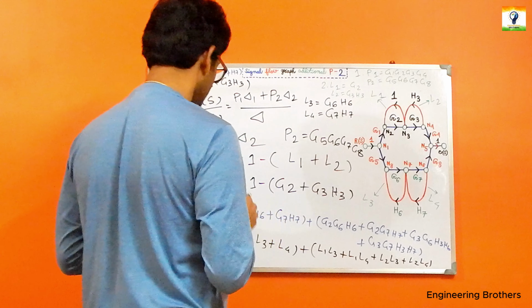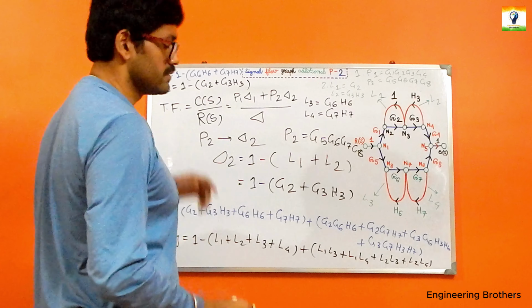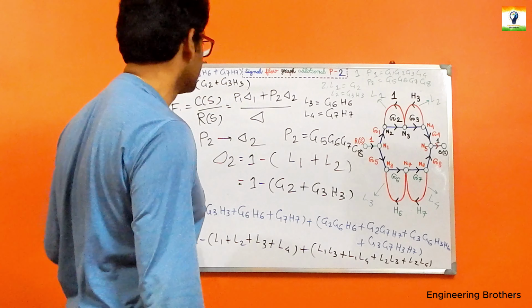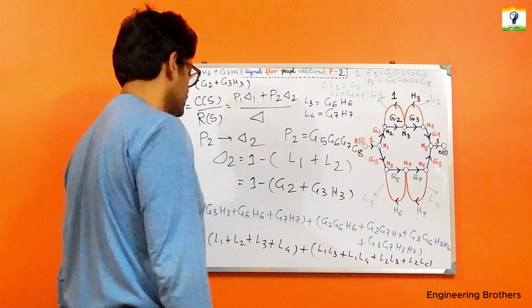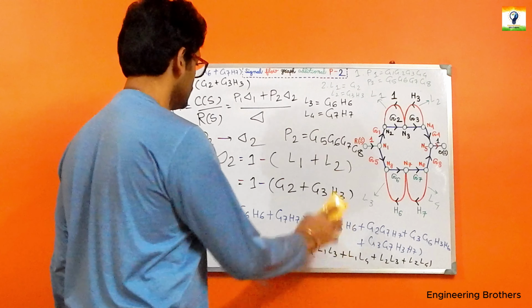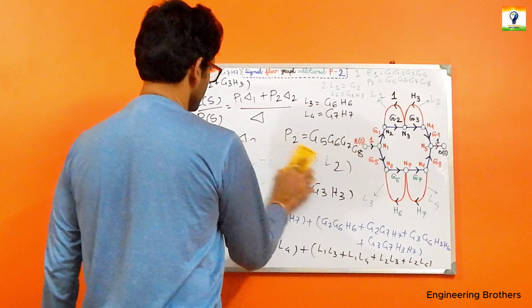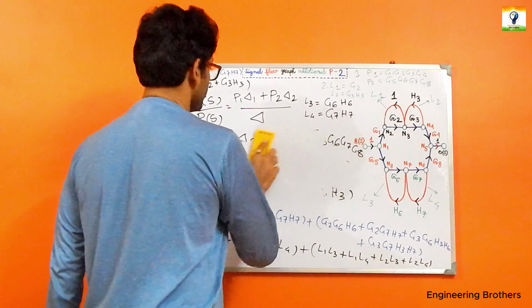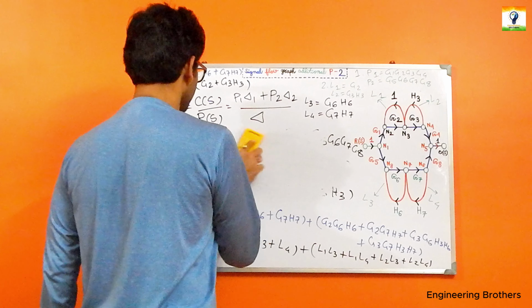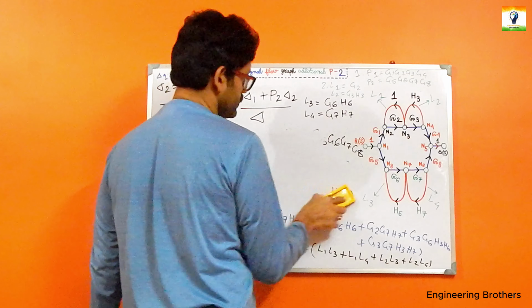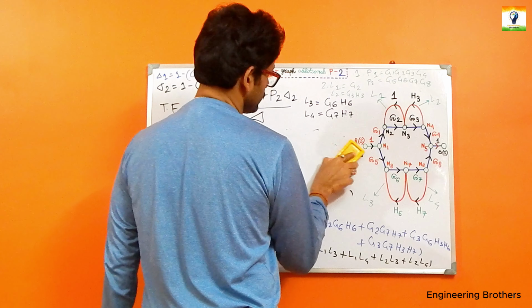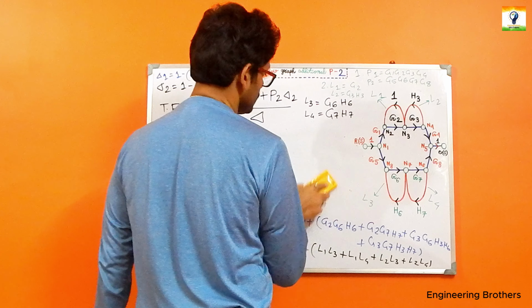Now let us complete our expression for our transfer function. Just put all those expressions that we have already got. The final expression for our transfer function, just by using the Mason gain formula, will be this one.